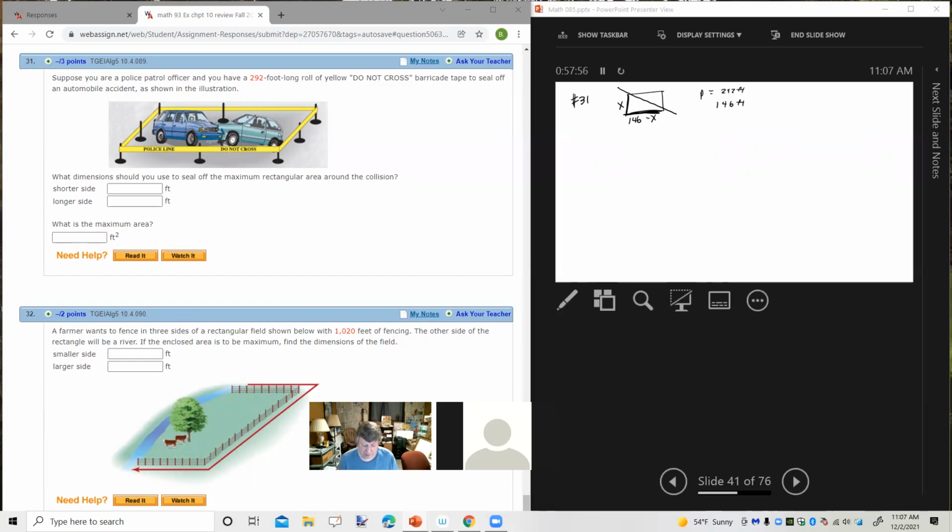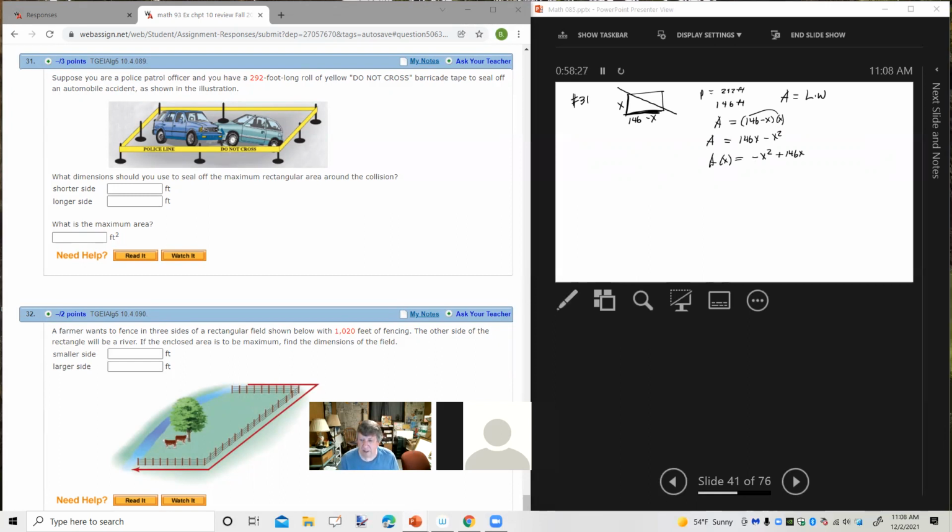Okay. Now, we want to find the maximum rectangular area. Well, the area would be the length times the width. So the area would be 146 minus x times x, or 146x minus x squared. I'm going to write it as a function A of x, in descending power standard form.